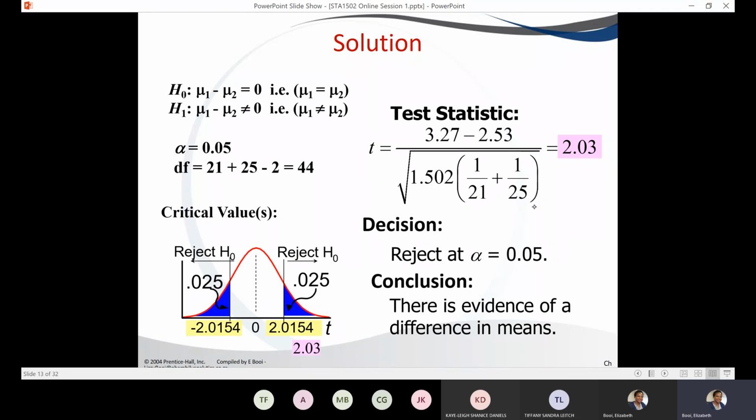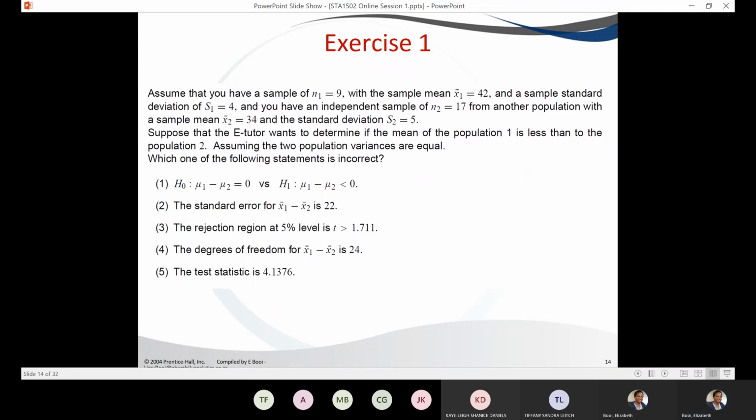That is what you need to calculate to get the standard error. And it also asked you about the critical value. That's all, which means if you know all the 6 steps of hypothesis testing, you should be able to know how to answer the question.